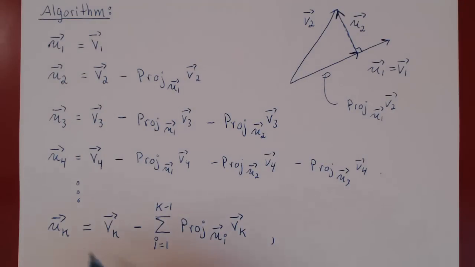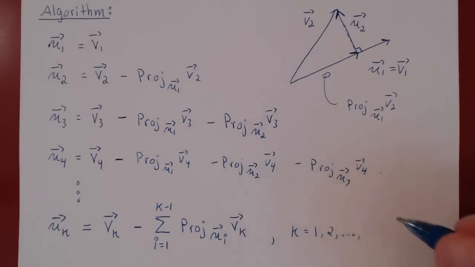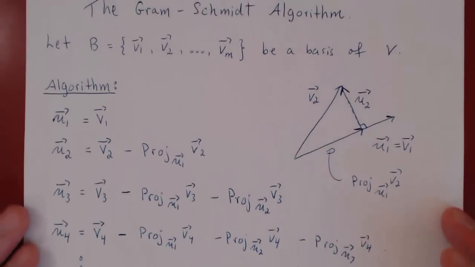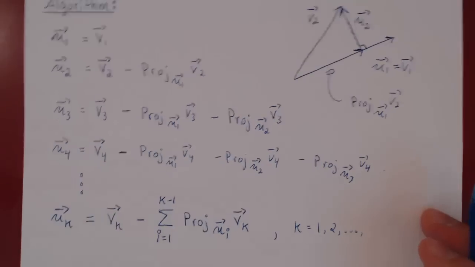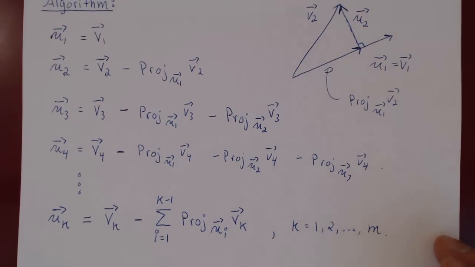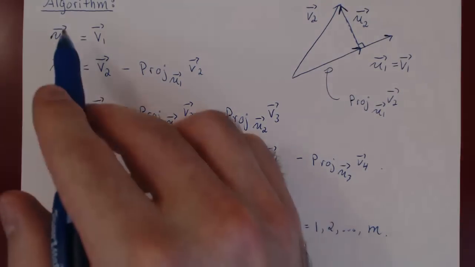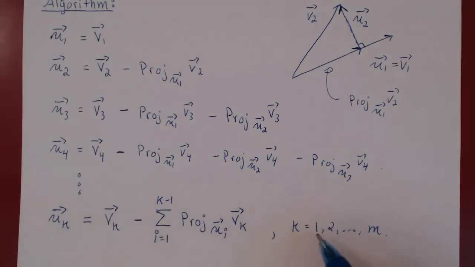And this, of course, will be for k equaling 1, 2, all the way up to, of course, the mth, because we assume that we had m basis vectors. So we'll end with k equals m. And now we have the algorithm, which we can write much more concisely. All we need is this statement, and then this line, which tells you how you would compute.